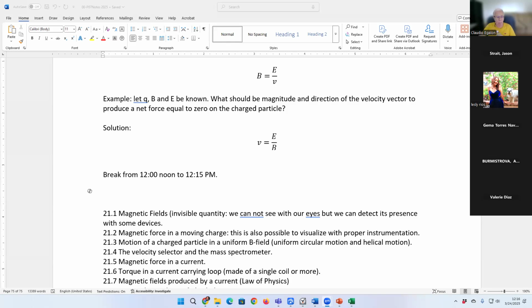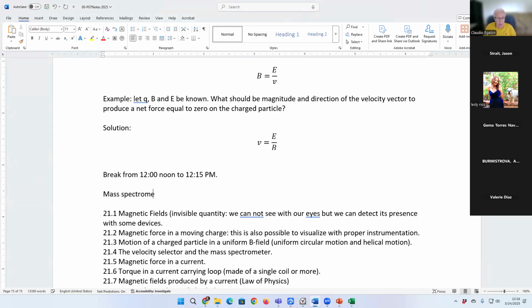I'm back here. So let's talk about the mass spectrometer.